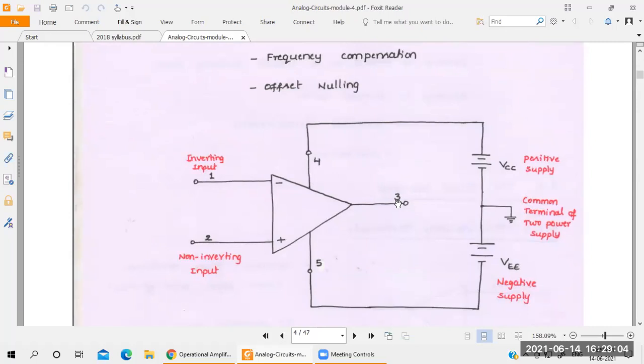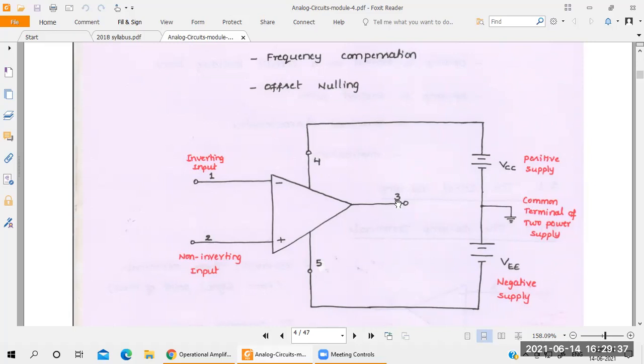If you take any op-amp, there is some drawback. What is that drawback? Without applying any input, we get some output voltage. Suppose you make the input side 0 volts; even though, on the output side we are getting some voltage, that is leakage voltage. If you have not connected any input to the op-amp, it will still show some leakage voltage.